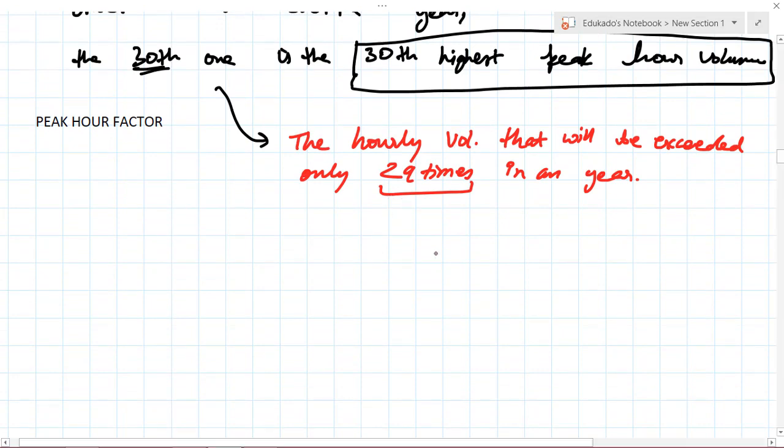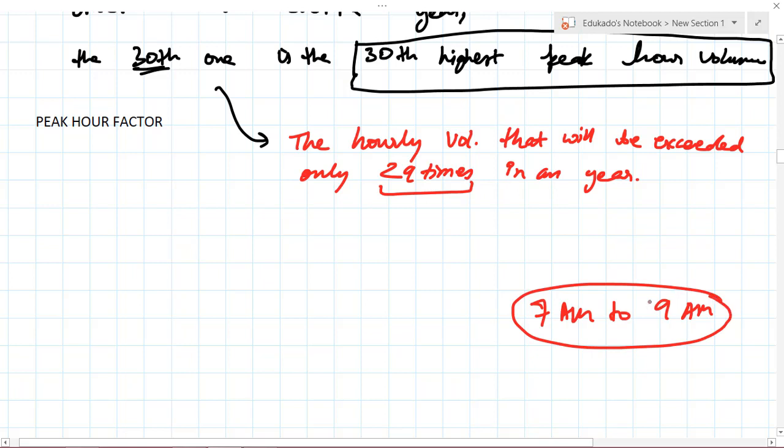So now we have come to the point of understanding that if you talk about a day, in the morning, the office going times, from 7 a.m. to say 9 a.m., more traffic is going to flow through a highway's particular cross section.